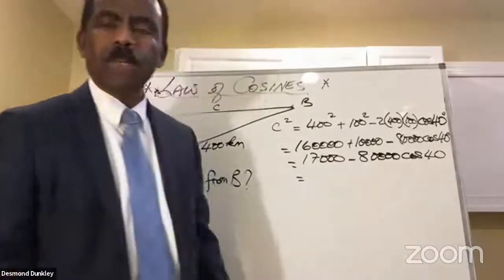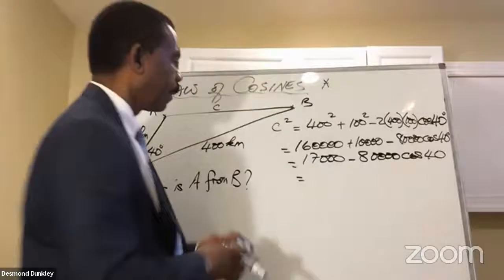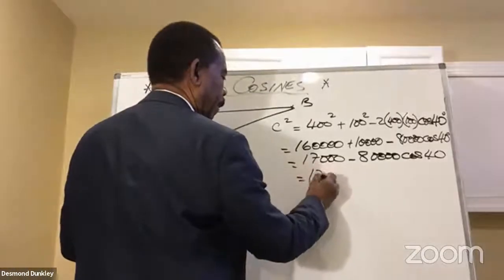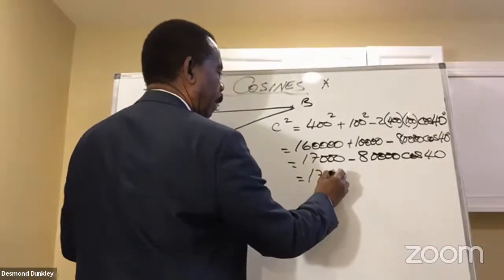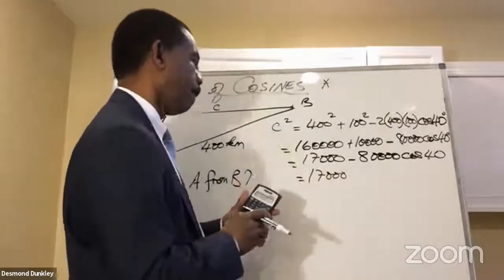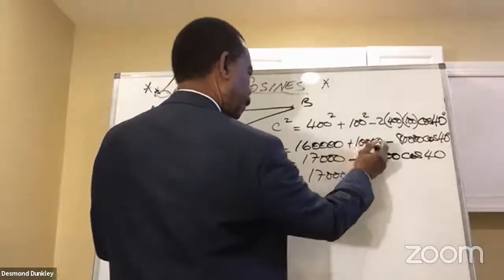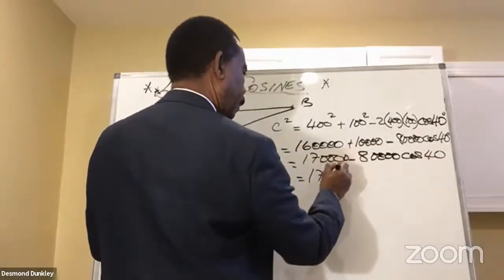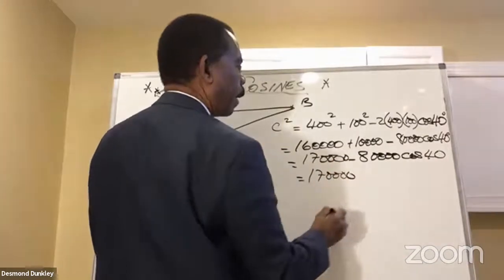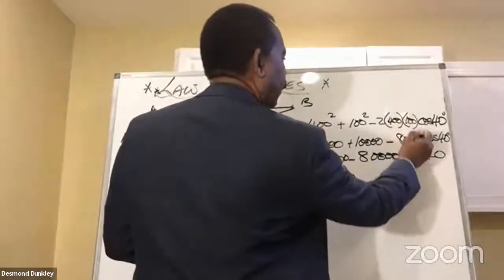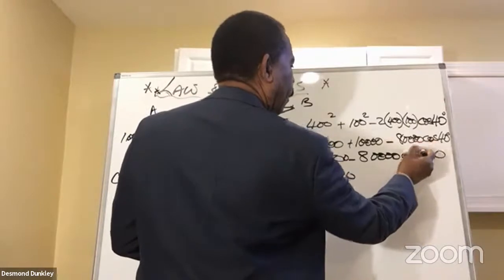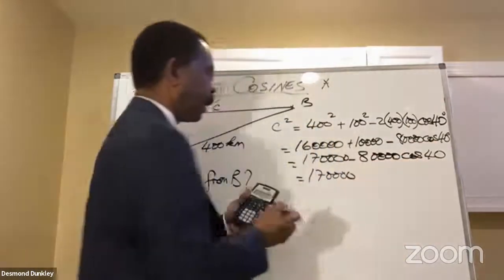Eight thousand times cosine 40 is 1, 2, 3, 4 zeros.